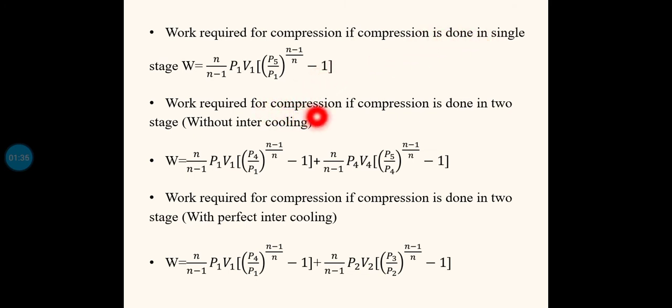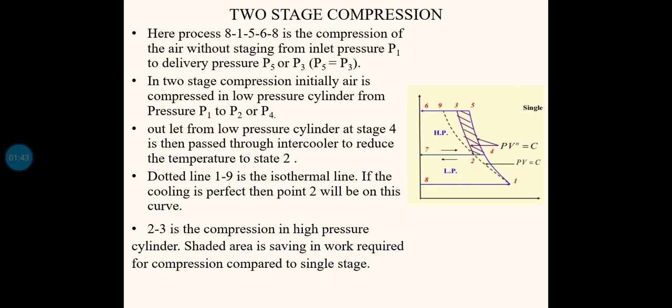Now consider the work required if the compression is done in two stages without intercooling. In the first stage, air is compressed from state 1 to state 4. The process of compression is PV raised to n equal to constant, a polytropic compression.